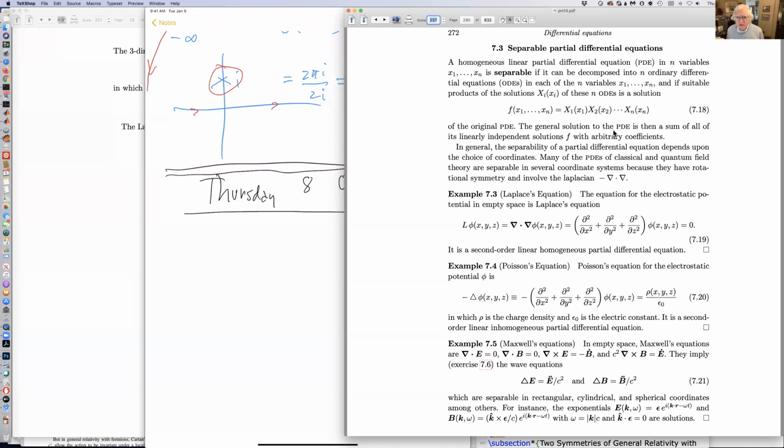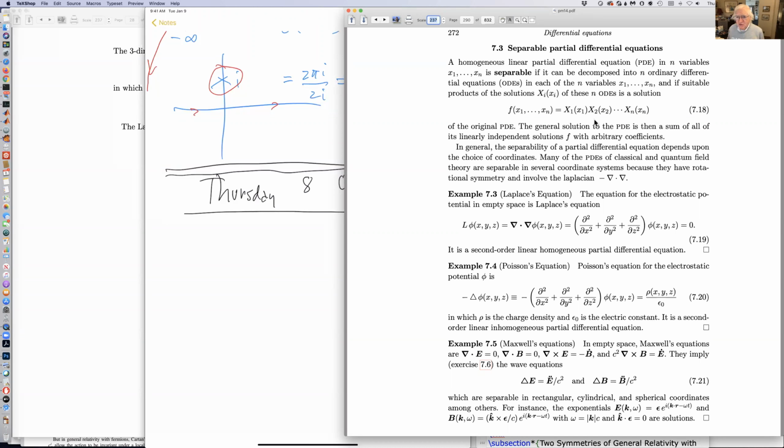Anyhow, let's go on with our discussion of differential equations. Section 7.3 is about separable partial differential equations. So partial differential equations become much simpler when they can be converted into semi-independent ordinary differential equations.